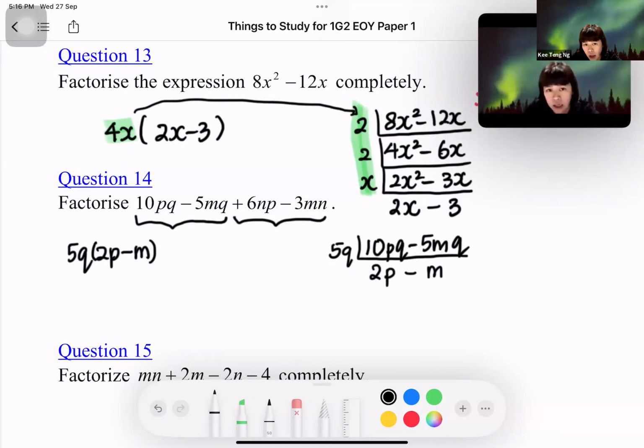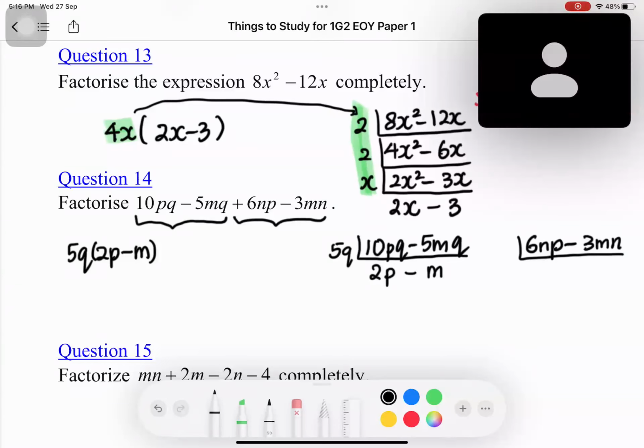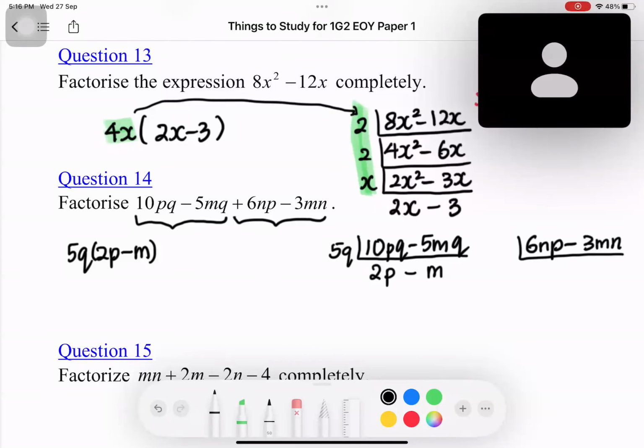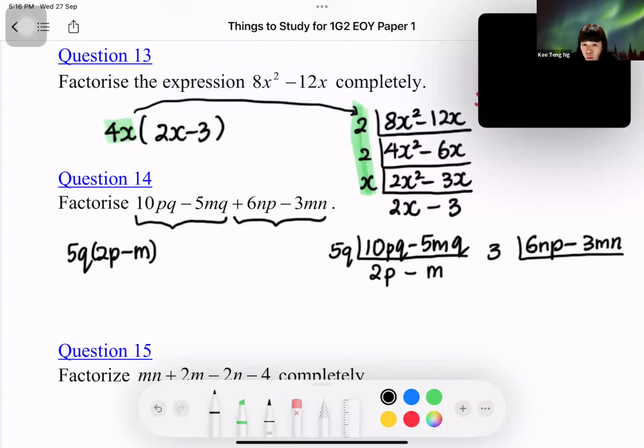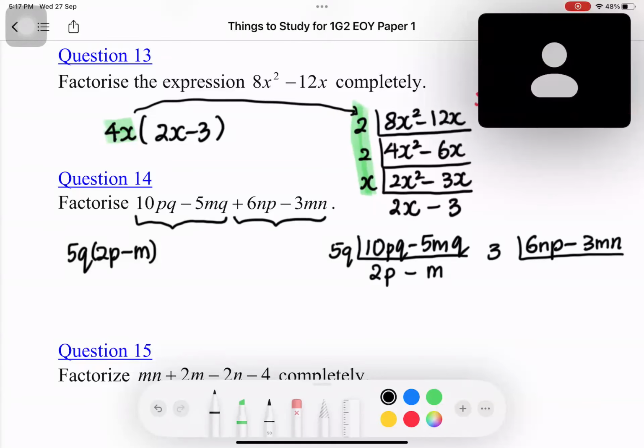Okay, now I need to work with my second group. 6np minus 3mn. Next person I should call, I'll call Nicholas. Nicholas, what's the common factor? 3. 3 only, or 3 and what other letter? 3mn.